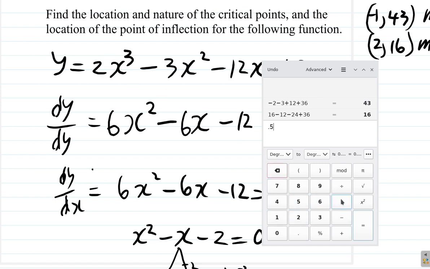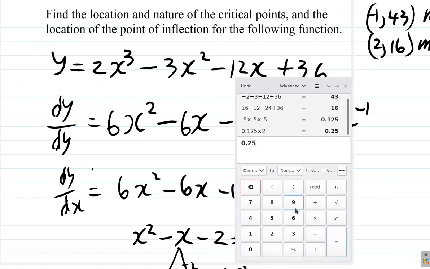In other words, 0.5 by 0.5 by 0.5, that's half cubed. And times 2, you get 0.25, a quarter, right? Minus 3 times half squared, which is a quarter. 3 times 0.25 is 0.75. Minus 12 by half is going to be 6.